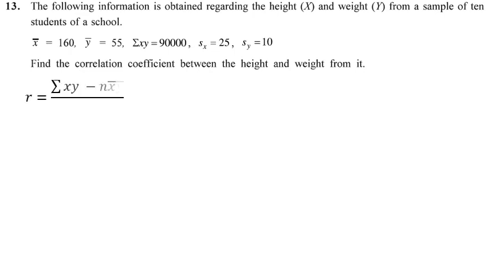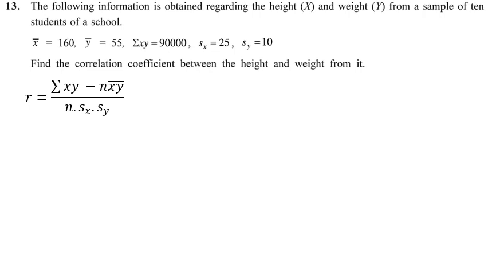Don't worry friends, if you are getting dizzy looking at the question, I am going to solve it for you. The formula which you are going to use here is naturally whatever material is available. You have summation xy, you have 10 students. In case you are wondering where is the n, there are 10 students, so n is 10. So summation xy minus n x bar y bar upon n sx sy.